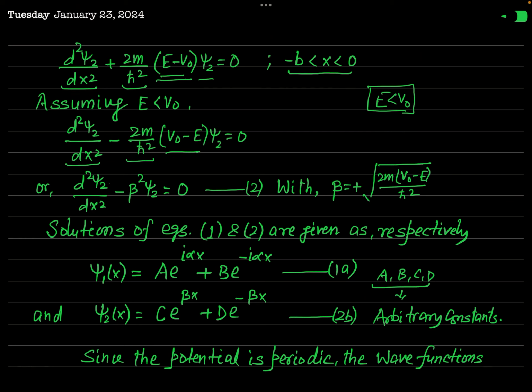And we take 2m over h bar square times (V naught minus E) equal to beta square. So you can write this equation as d2 psi 2 by dx square minus beta square psi 2 equal to 0, where beta is the square root of 2m times (V naught minus E) over h bar square. So beta is also a positive constant, but it depends on the value of the energy of the electron E. Alpha and beta both are functions of E.